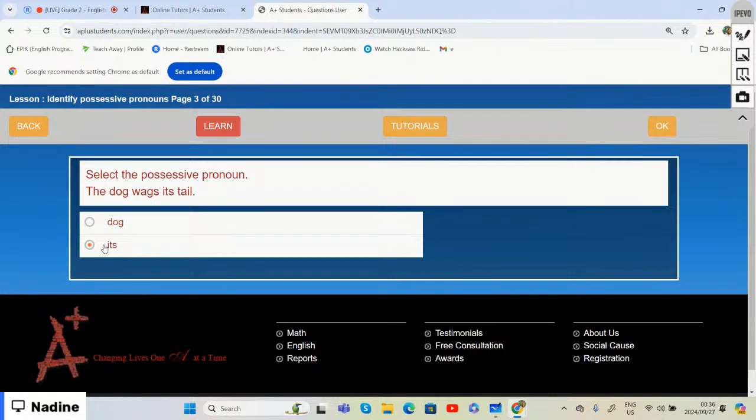All right, so the dog wags its tail. Option one, dog, option two, its.